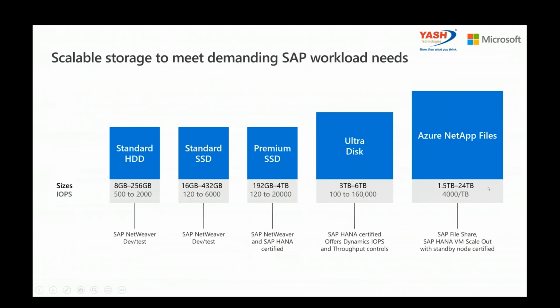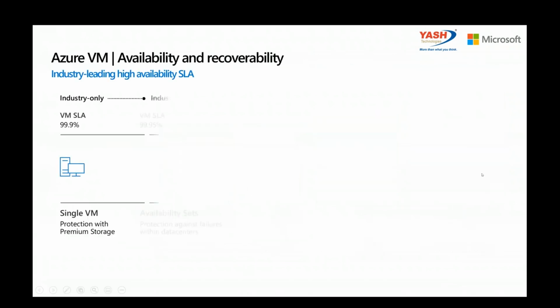Similarly, in terms of storage options, we have multiple choices in terms of the disk type. Typically this would range in terms of the IOPS capabilities and expected performance. You can go all the way up to Ultra Disk and even leverage Azure NetApp Files, an enterprise file sharing solution for those who are familiar.